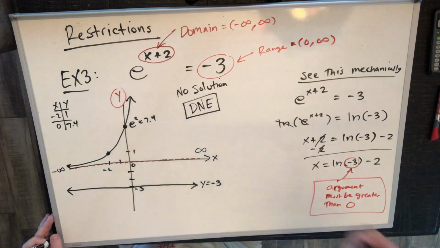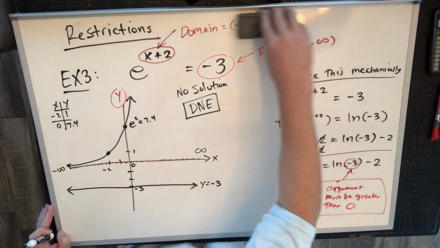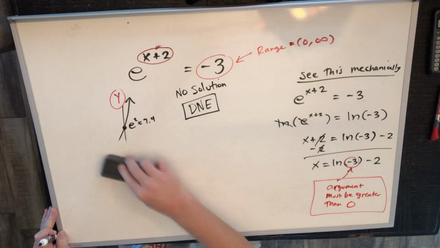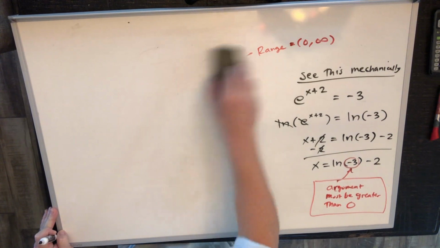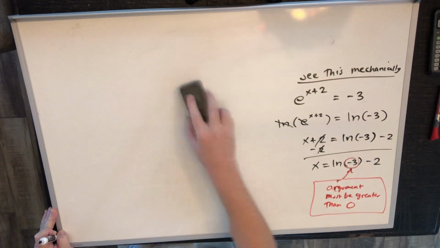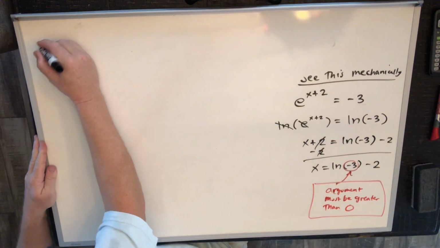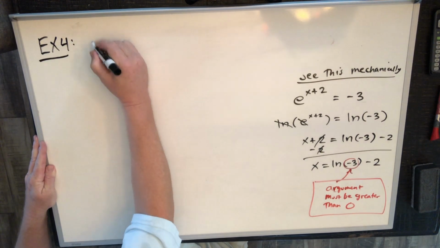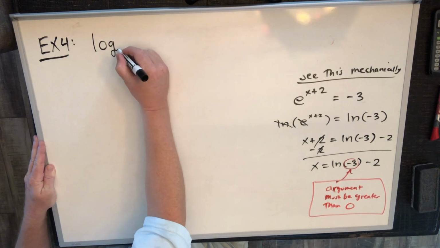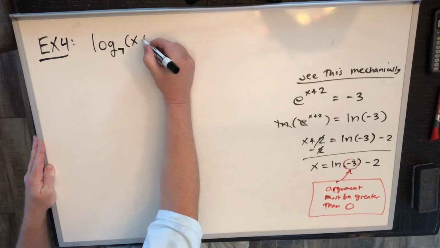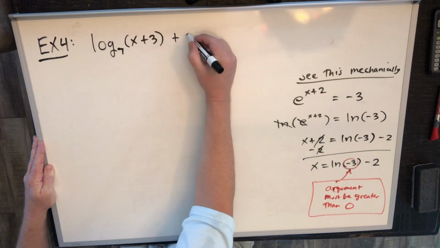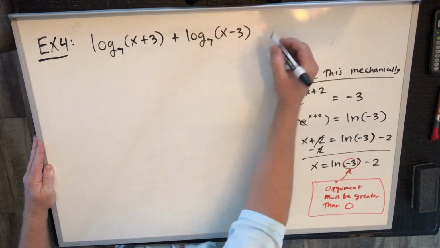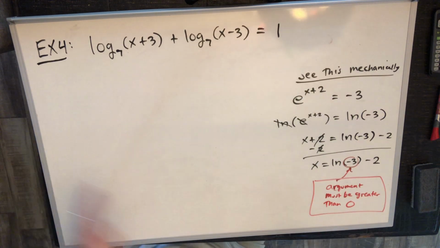Well, if this type of restriction happens with an exponential function, the same thing should happen with a logarithm. So suppose I have log base 7 of x plus 3 plus log base 7 of x minus 3 equals 1.